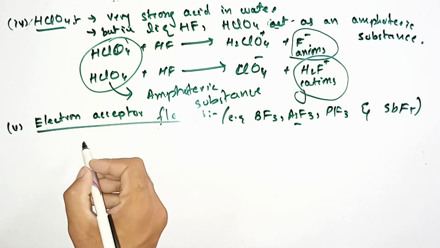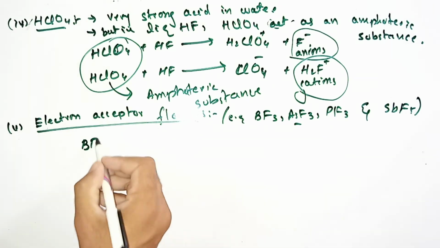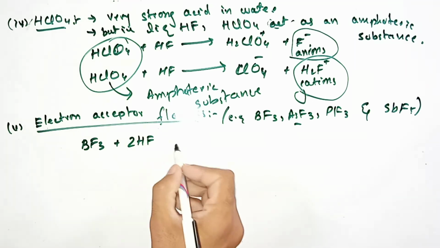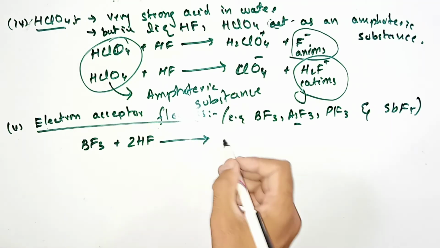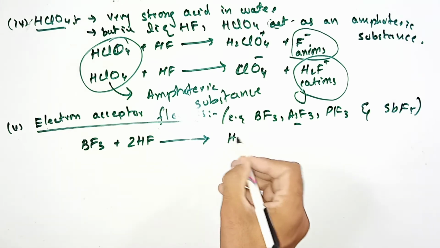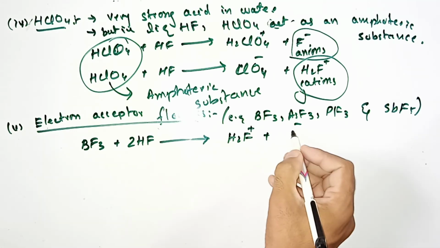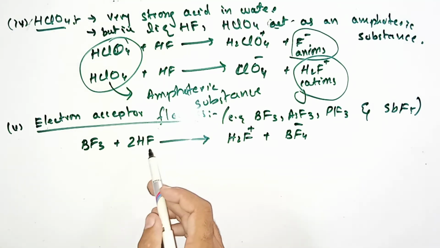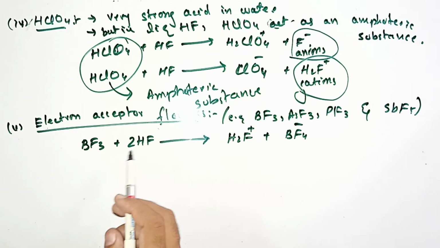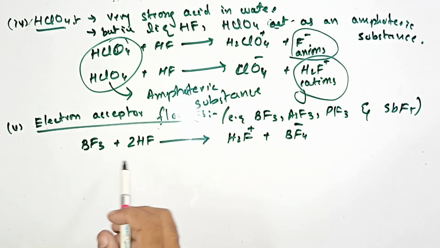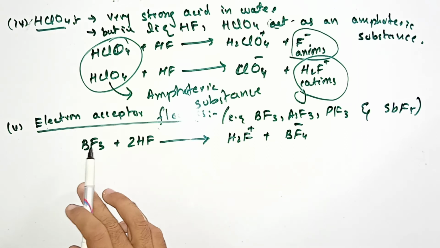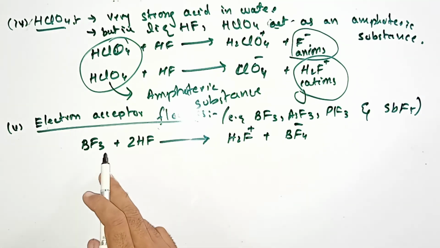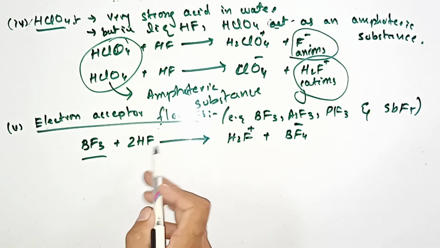Okay, come to the example. When you add BF3 to HF solvent, it will produce H2F positive plus BF4 negative. BF4 negative means this one fluorine will be accepted by BF3, because BF3 has one vacant orbital, so it can accept one fluorine as a fluoride.